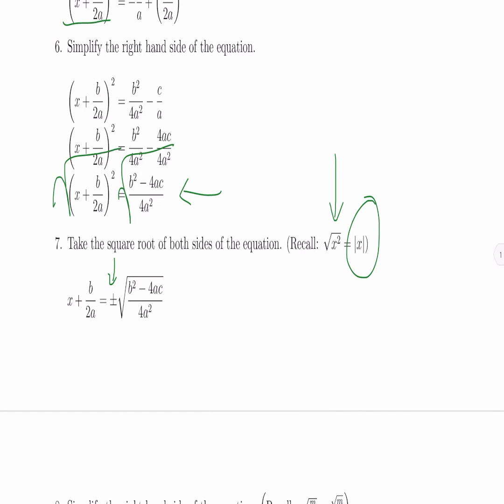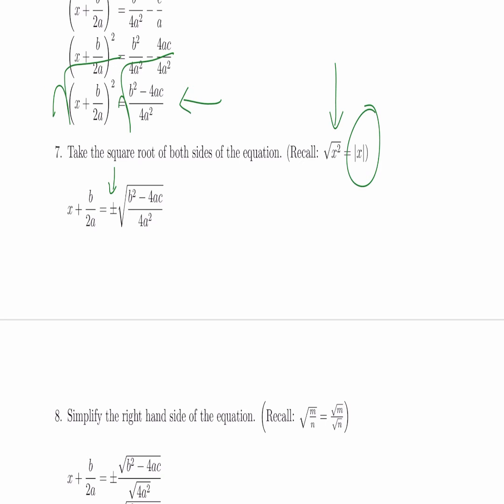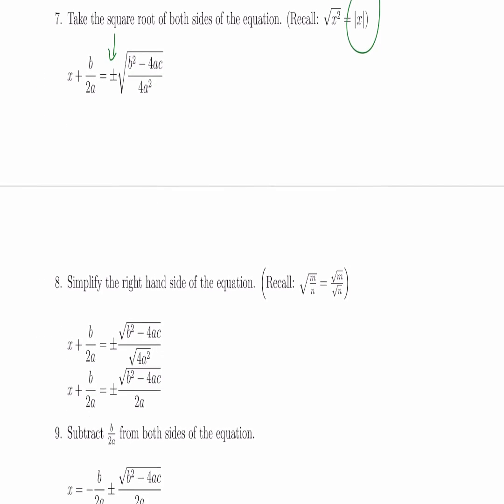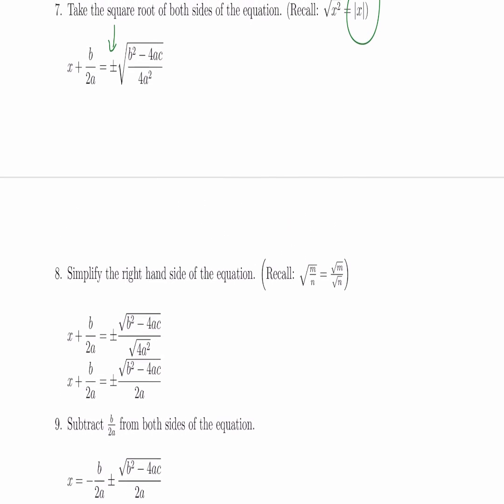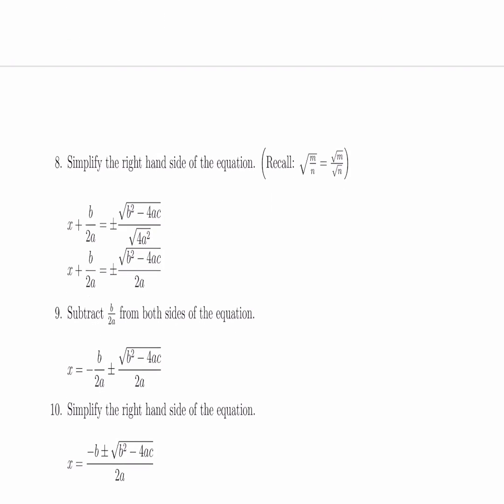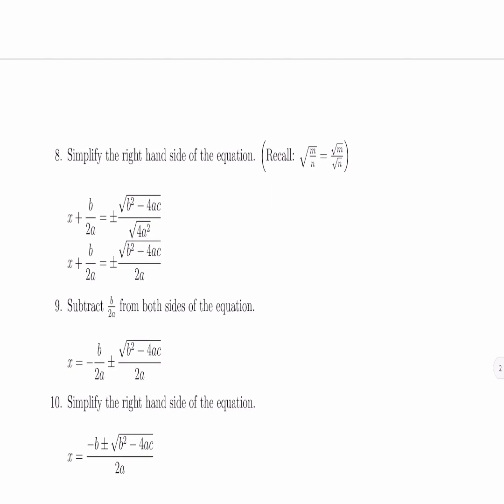Now that we've dealt with that and got rid of that square, in step number 8, we're going to simplify a little bit more. On this right-hand side of the equation, I just split it up. Whenever we have a quotient or a product and we take the square root of it, we can always break each of those off into their own individual square roots.